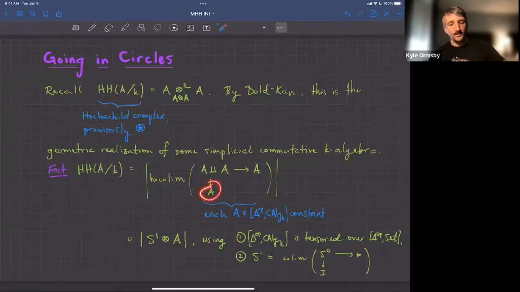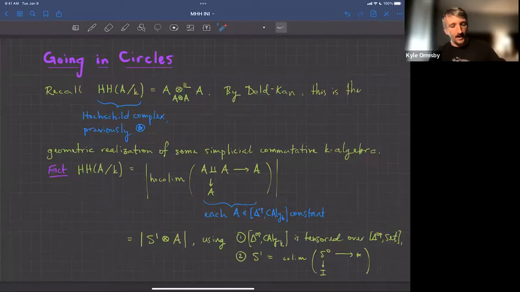We can build this nice little pushout-looking diagram where we pick out each copy on either leg. And it turns out by computation that this Hochschild complex is the geometric realization of the colimit of this diagram. Well, what is that colimit?